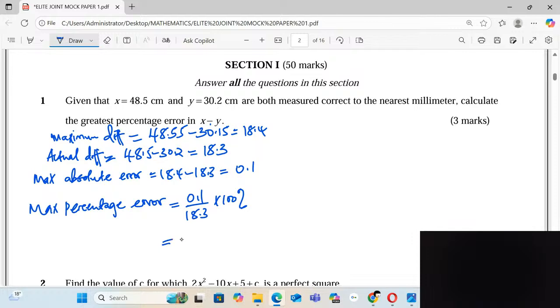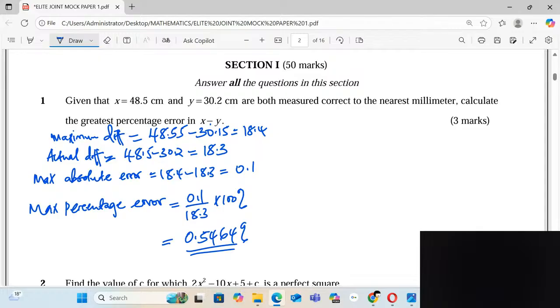We get 0.5464%. That is the greatest percentage error in subtracting x minus y. Then you get your 3 marks. That's simple.